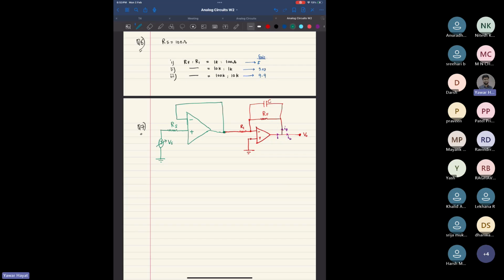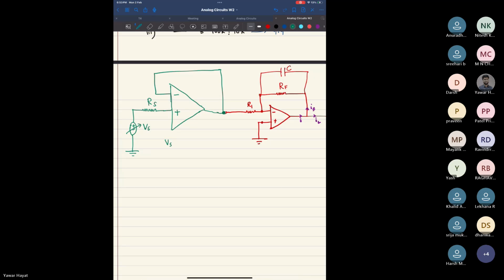Right? Suppose your V is equal to 10 millivolt per degree Celsius. Yeah, at 0 degrees Celsius, your Vs is equal to 0, right?